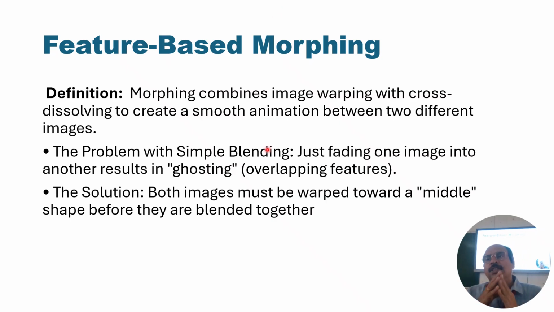Morphing is another type of warping where we'll be doing some more interesting operations with image matrices. Morphing is done by warping and cross-dissolving to create a smooth animation between two different images.